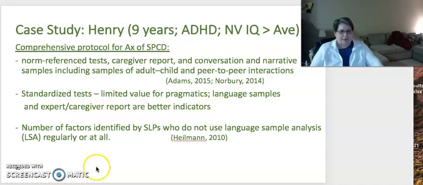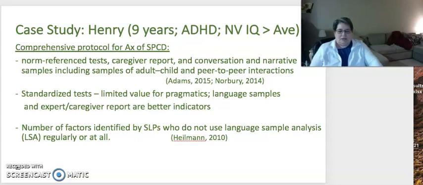A number of factors were identified by SLPs who do not use language sample analysis. So as I mentioned earlier, Heilmann in 2010 conducted a study where he asked SLPs how often they use language sample analysis.